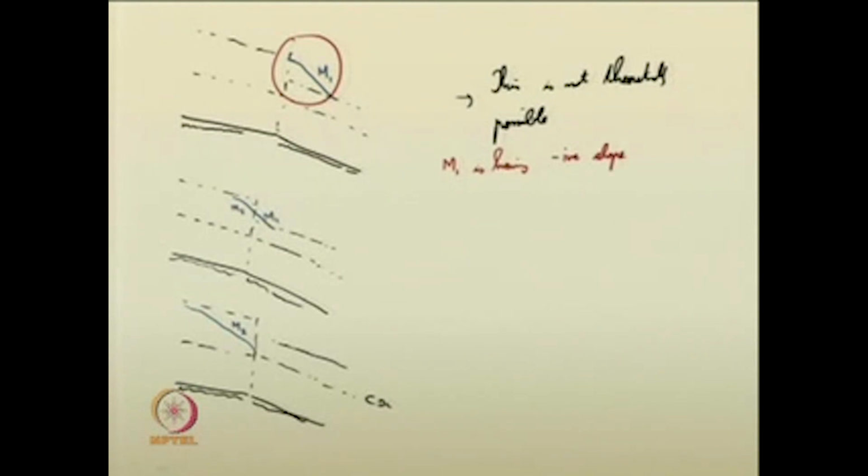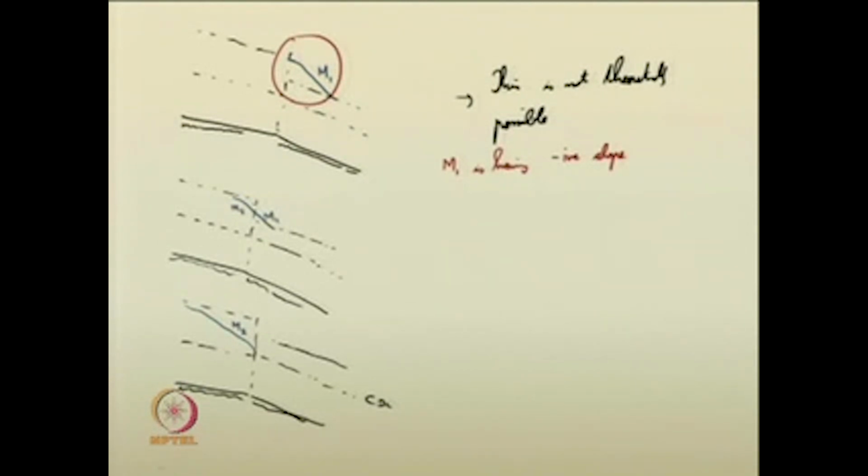So, this portion is not theoretically possible, because M1 is having negative water surface slope.